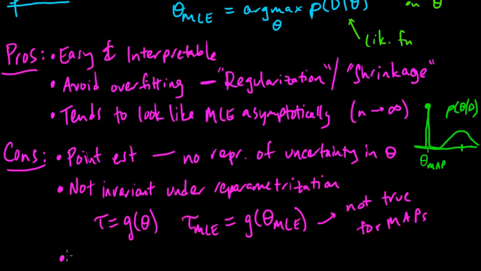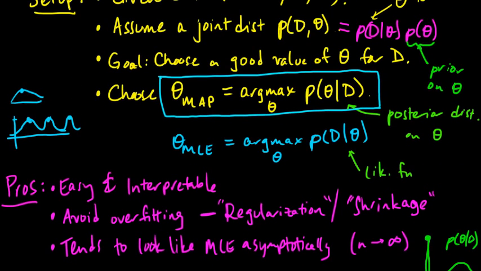And one last thing I'd like to mention is that whenever you assume a prior, you're making some assumptions. Of course, in an MLE you're also assuming this conditional distribution on the data given theta, this likelihood function. But when you're using a MAP, you're assuming even more. You're also assuming a prior distribution on theta.